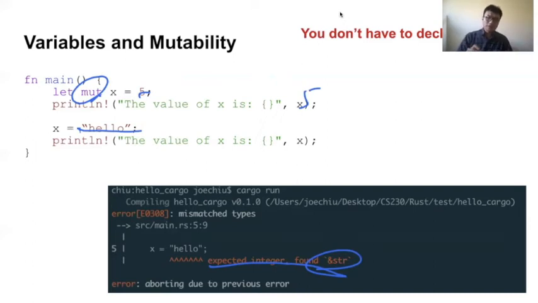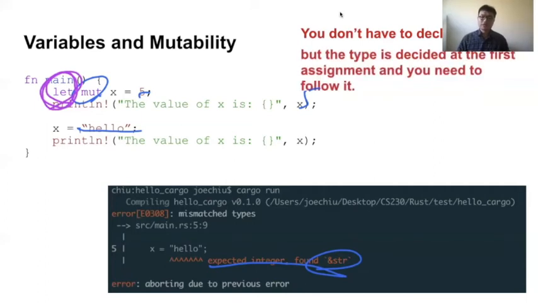So even though the benefit of Rust is that you don't need to say what the type of this variable is, it doesn't mean you can change the type. The type is still there. When you assign the first value, based on the first value it decides what the x type is. The x type should be I32, an integer.